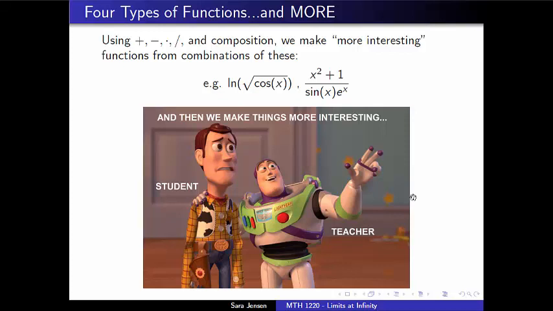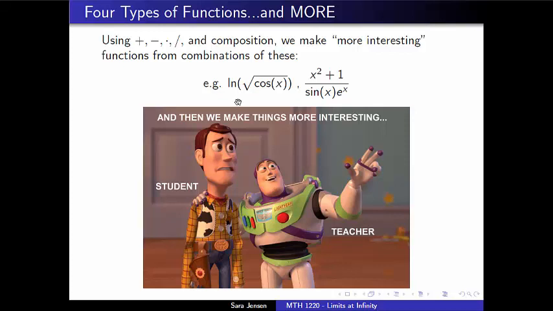We use them as building blocks, and our tools for combining them are tools like addition, subtraction, multiplication, division, and even function composition. So we take those classes or those families of functions and we start to combine different elements of different classes with each other via some combination of these operations.